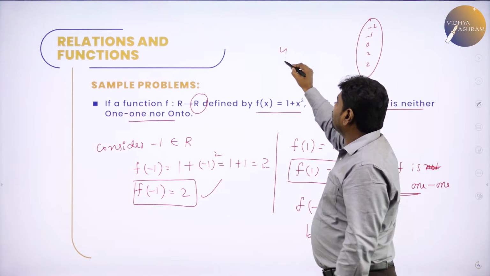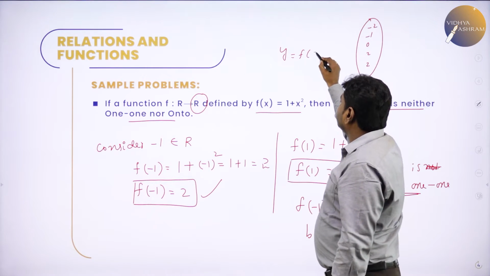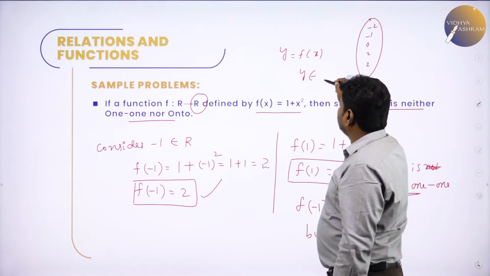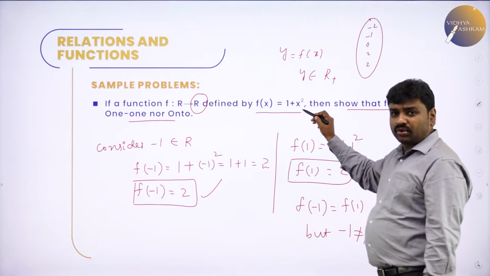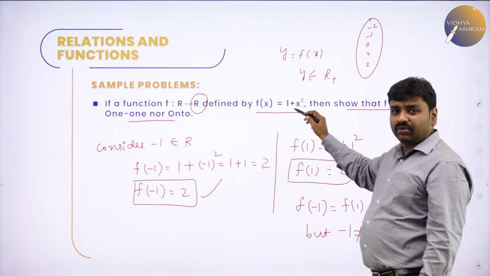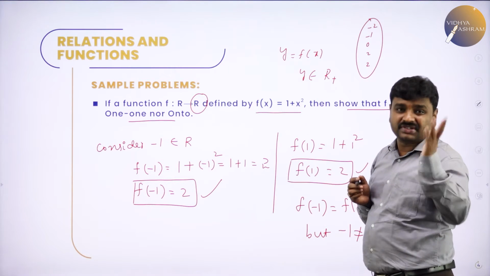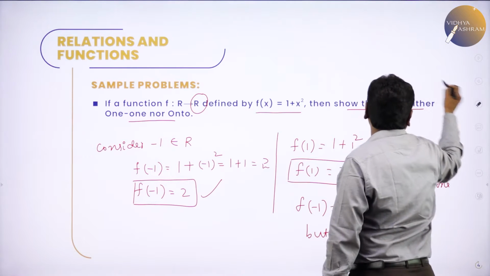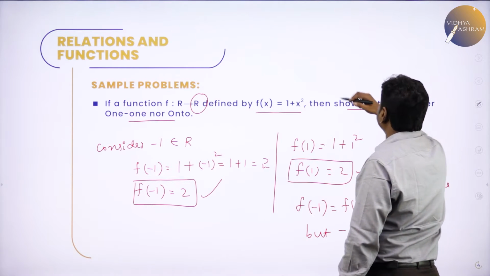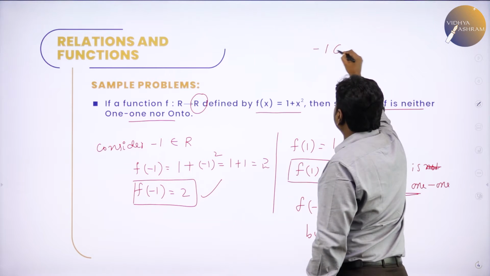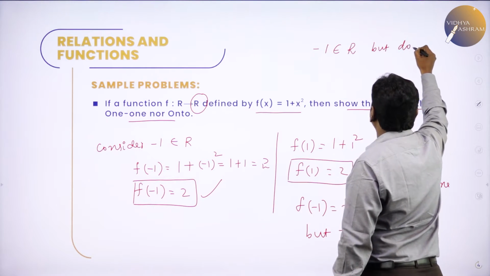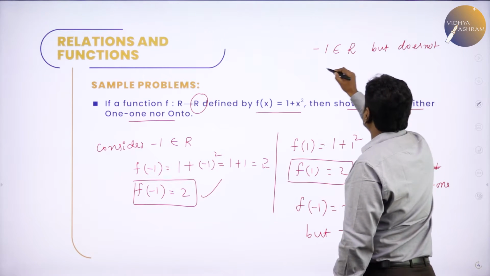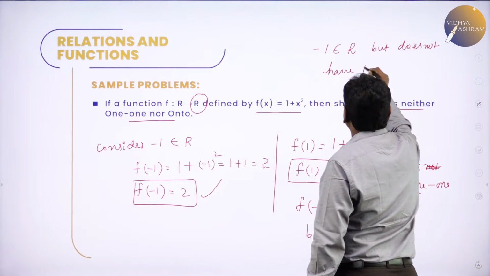Here Y is equal to F of X and Y belongs only to R plus, because if I substitute X as negative or positive, you will get a value greater than 1. Greater than 1 means positive. So if I take any one example, it is more than enough, that is minus 1 belongs to R but does not have a pre-image.